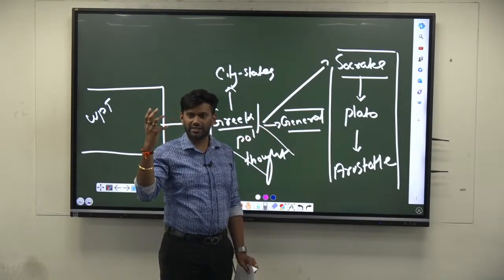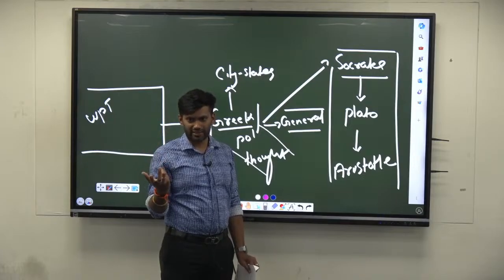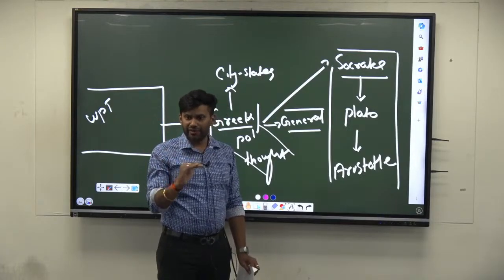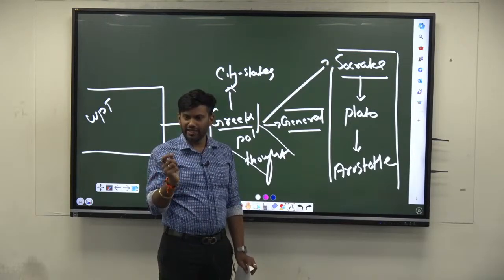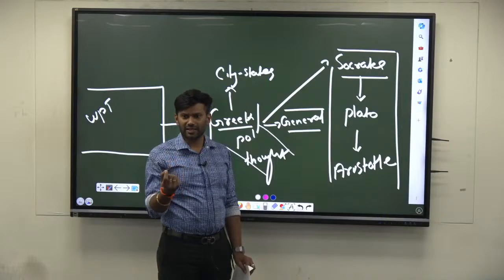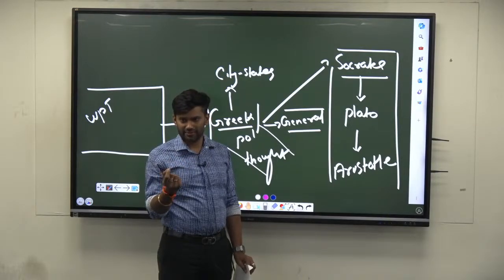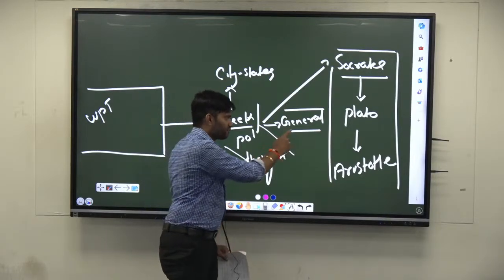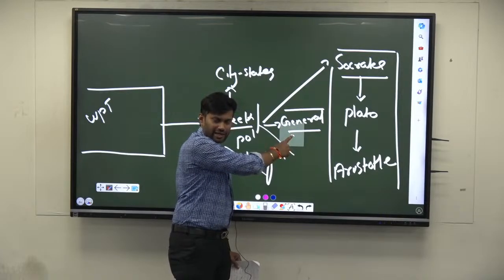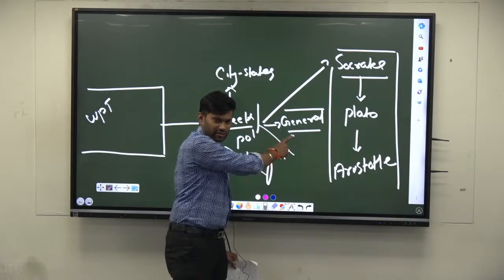So how did the Greeks generally think about political ideas? Remember, there might be differences between Plato and Aristotle, but we need to find what are the general elements. Understood? So that is what we have to start with first: what are the general characteristics of Greek political thought?